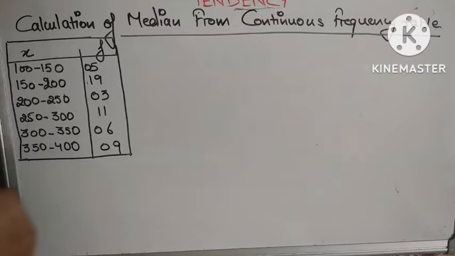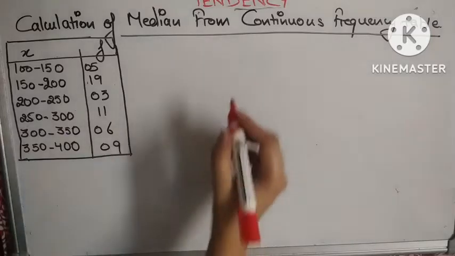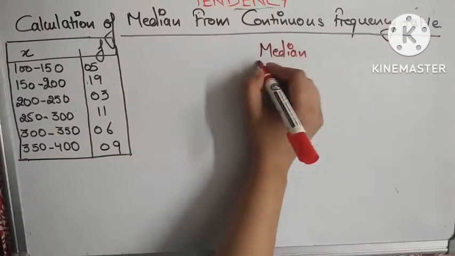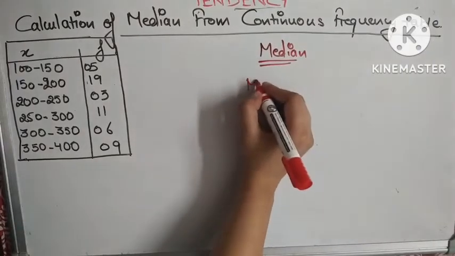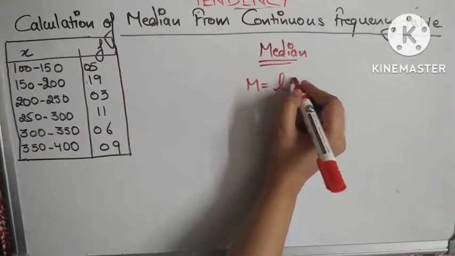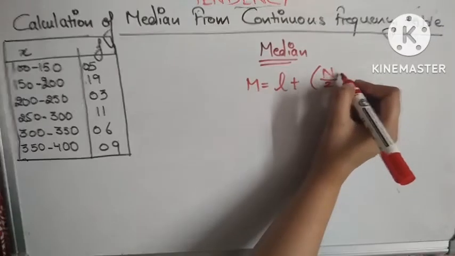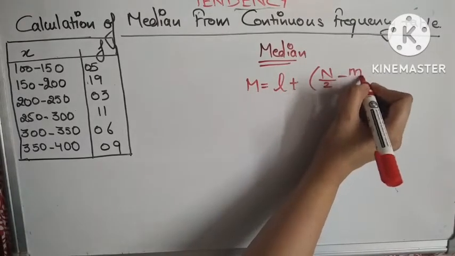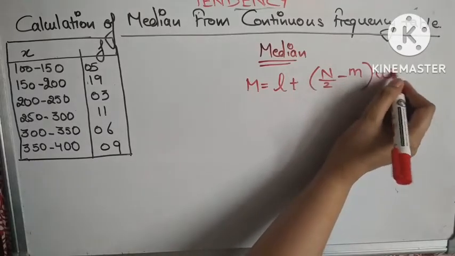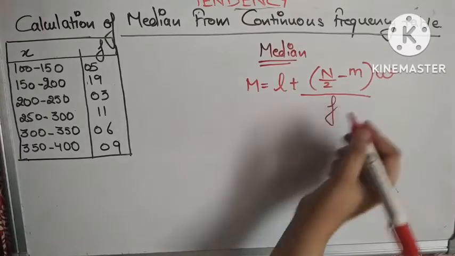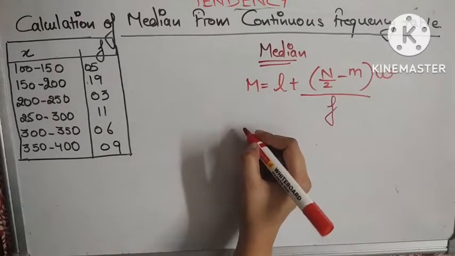Now let us see how we will calculate the median in case this is given to you. So let me first write down how you will calculate the median. The formula of the median in this case is M is equal to L plus (n by 2 minus m) times w upon f. Now let me write down what it is.